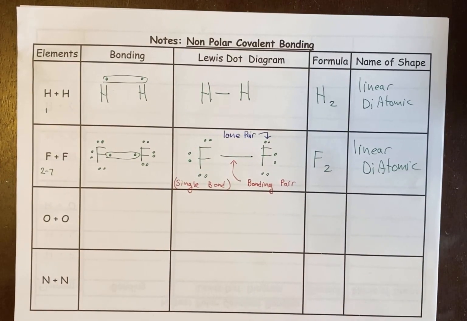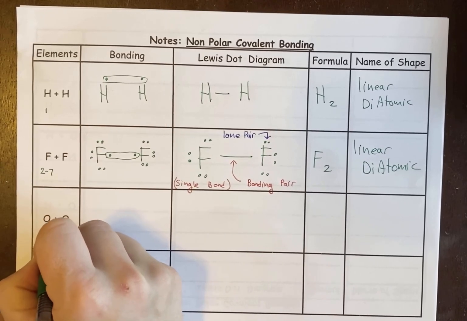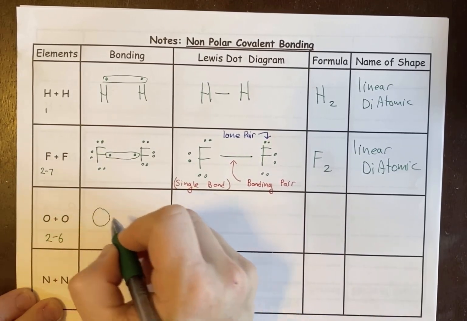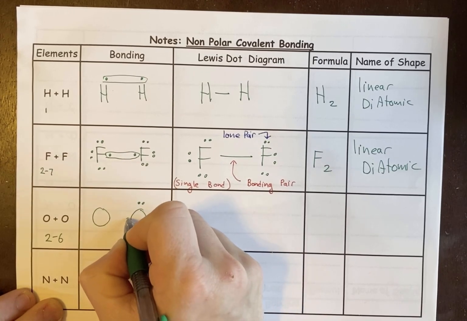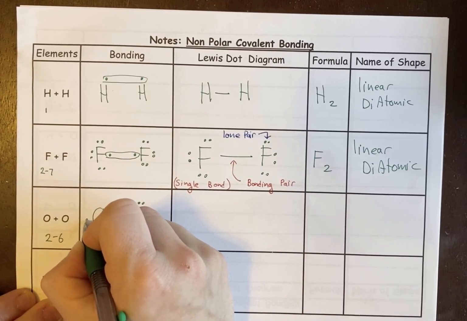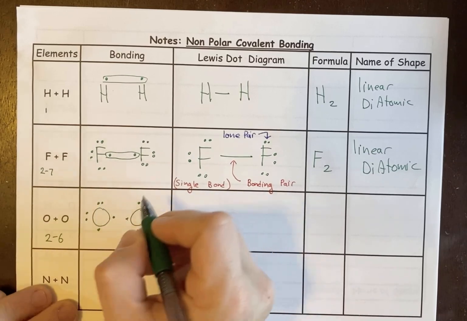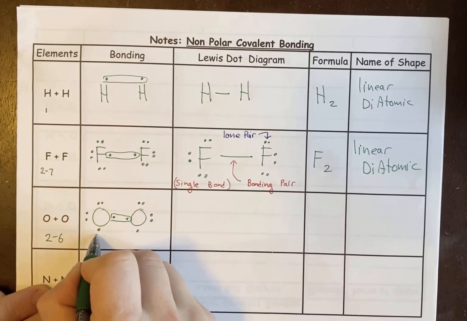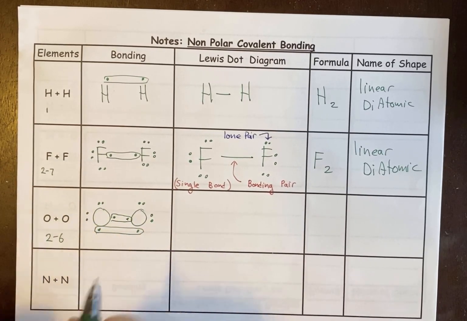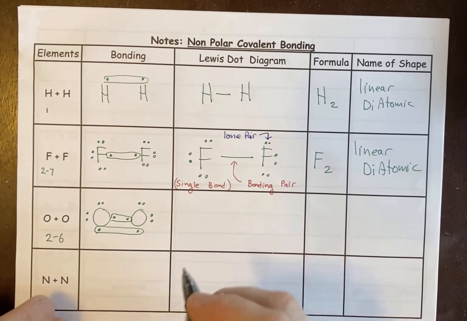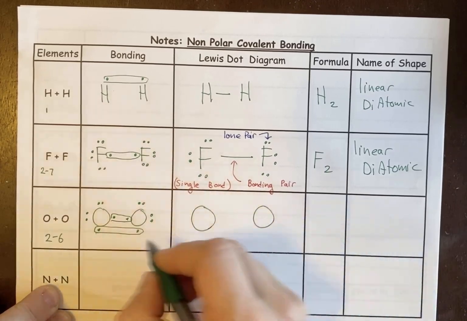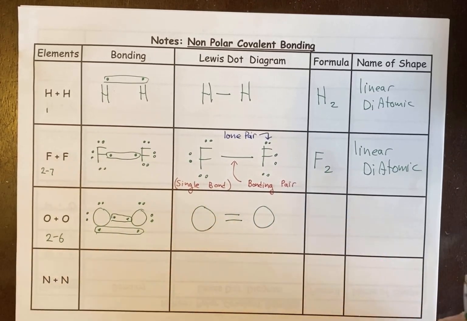Next one, oxygen is 2, 6. So when 2 oxygens bond, in order to become stable, they're going to have to bond twice. So I'm going to circle the single electrons, and the lone pairs never bond. And there we go. Now when I clean this up, I'm going to put the 2 electrons that I circled right in the middle.